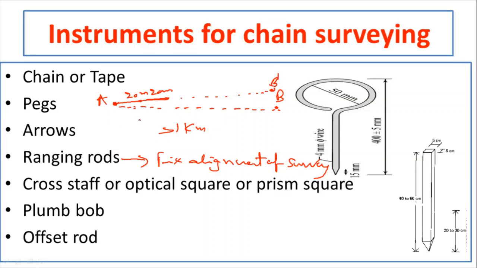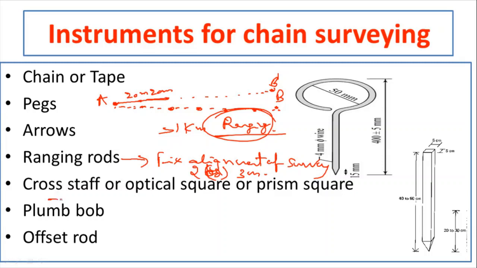So for that purpose, at the mid stations, that means at the intermediate positions, we have to place some ranging rods, and that ranging rod should be exactly in the line of AB. This process is called ranging. So the purpose of ranging rods is to fix the alignment of the survey. The ranging rods are generally either 2 or 3 meters in height.